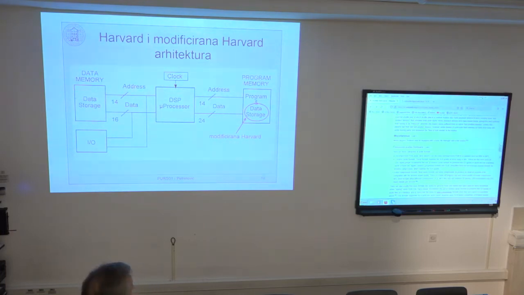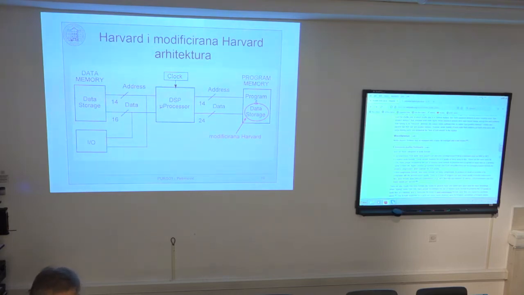And of course, since I have a shared data or program memory here, the question is, how can I fetch simultaneously the instruction from program memory as well as data from the same memory over the same bus? It is done in a way that the actual architecture of this program memory enables 2 fetches in 1 cycle.